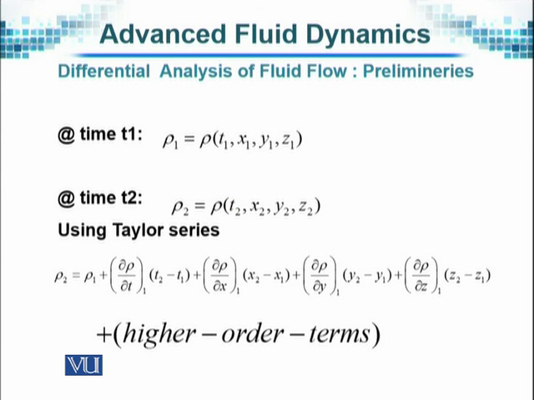And let the value of the density rho at time t1 be rho 1, and then it will depend on the time t1, x1, y1, z1. That is, at the initial time t1, the coordinates x, y, z were lying at x1, y1, z1.